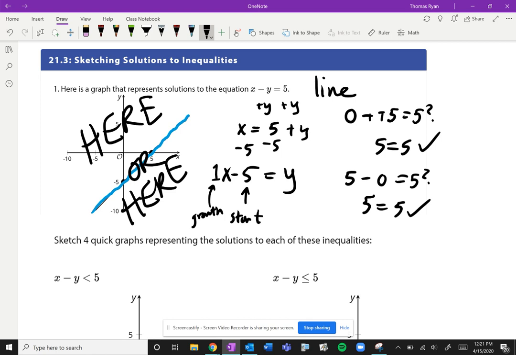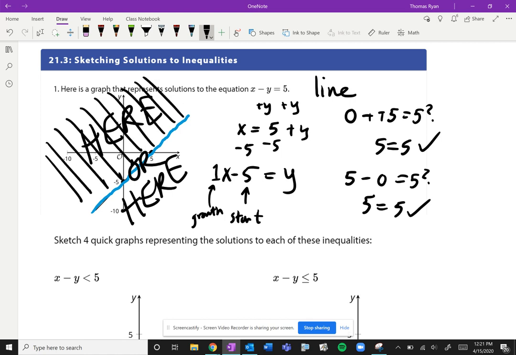With inequalities, they either have to be greater than the line or less than the line. So they're either above it or below it, or to the left or to the right. So the line splits the solutions and the non-solutions. And the other thing that we do is, when we have solutions, we shade. That's how we represent all the solutions there are to an inequality. So we do some shading.